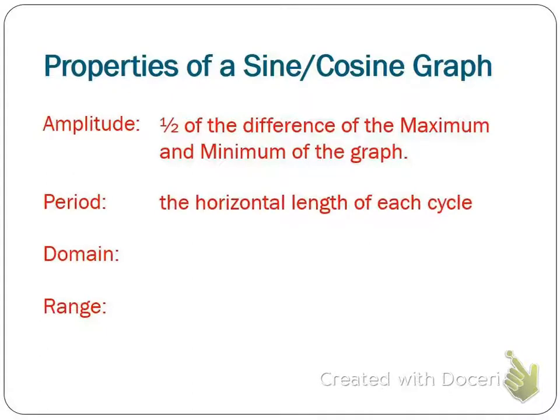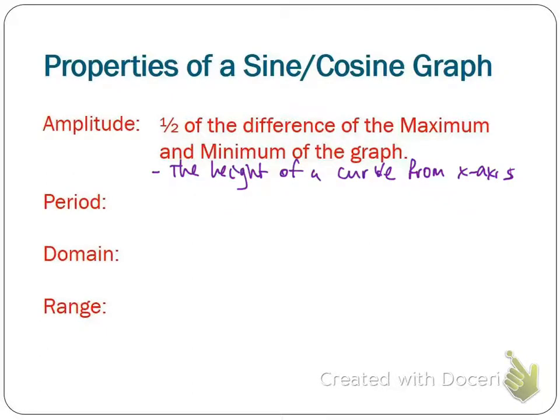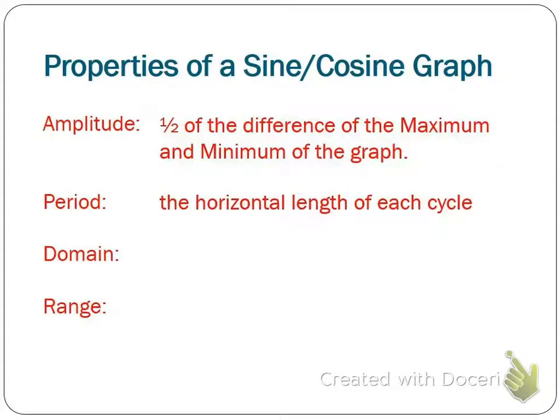The next property is the period. The period is the horizontal length of each cycle, right? I don't want to say it's getting to 2 pi, because it's not always going to get to 2 pi.